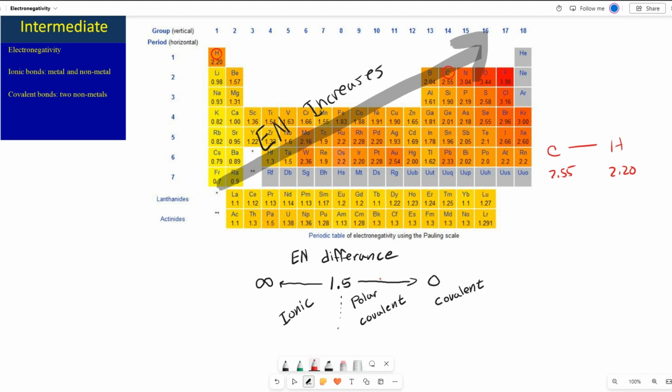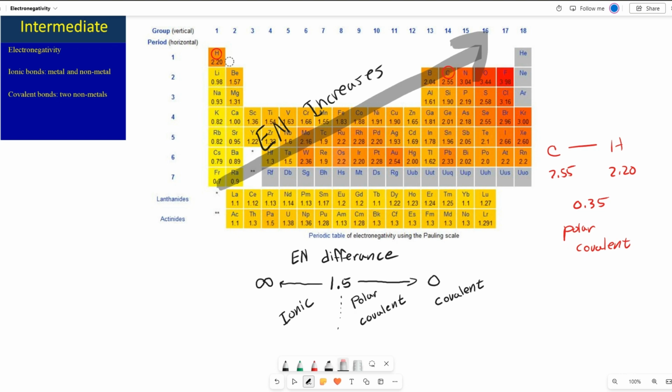If you look at the difference between those two, you come up with 0.35. 0.35 is less than 1.5, but it's greater than 0. So that means that carbon and hydrogen would make a polar covalent bond. Which makes sense because they have similar electronegativities, but not exactly the same. So neither one of the atoms is going to be able to directly pull electrons away from the other atom.